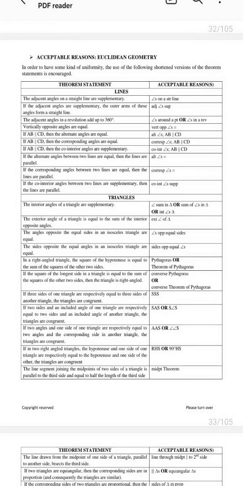Then the last three statements, the alt angles equal, the corresp angles equal, and lastly, the co-int angles sub. These are the reasons we use whenever we are asked to prove that lines are parallel.